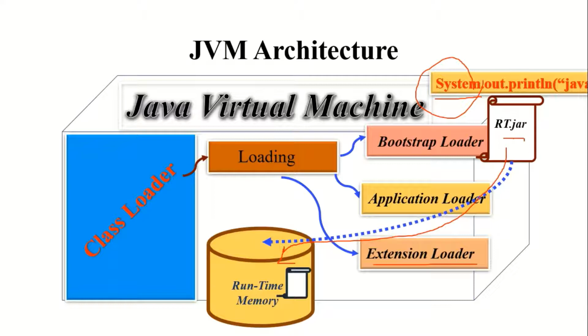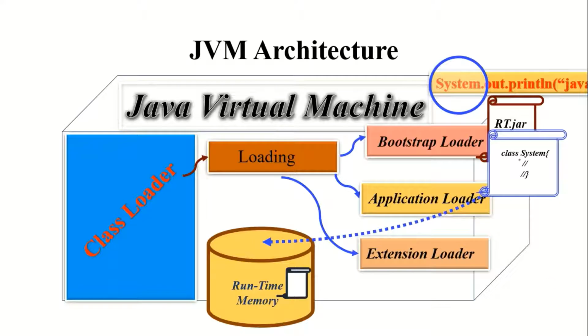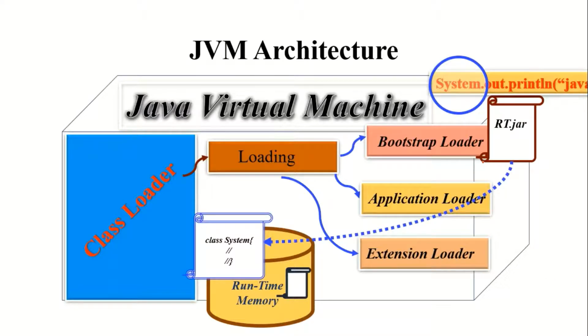So let's visualize the functionality of the Bootstrap loader. This System class is written inside this rt.jar, right? And this rt.jar will load this System class into the memory. So it is done by the Bootstrap loader.